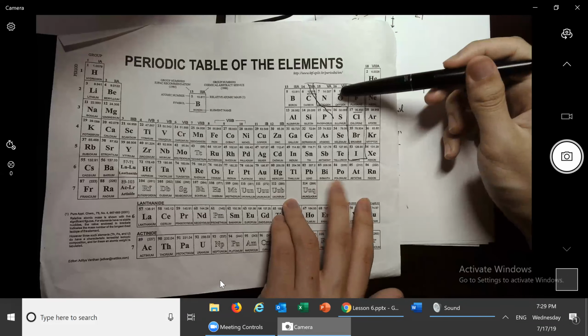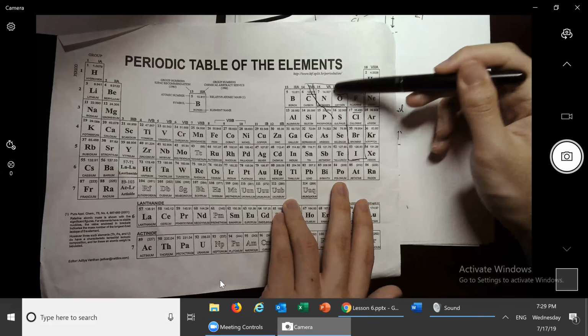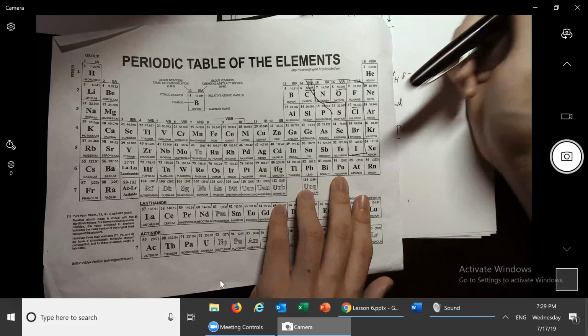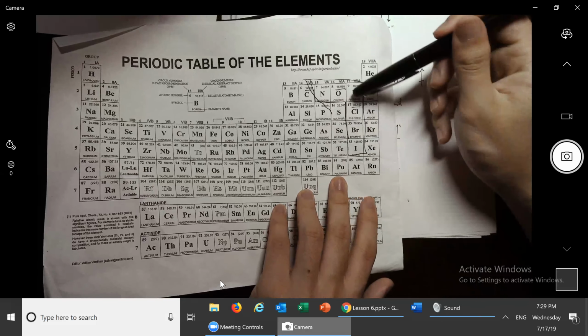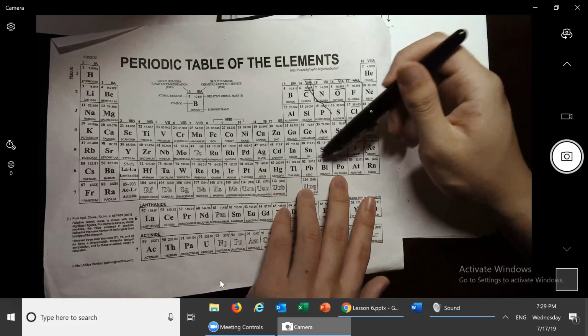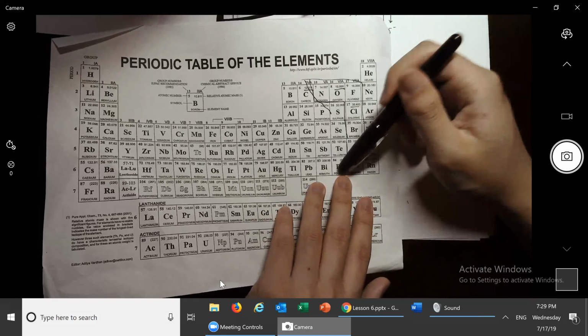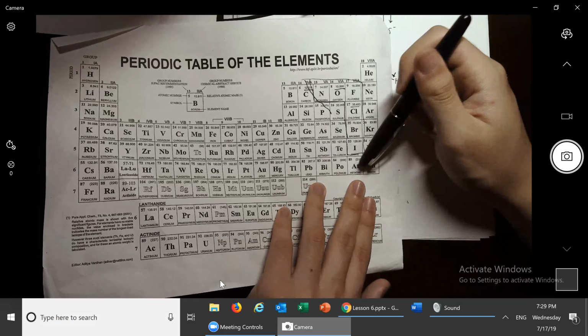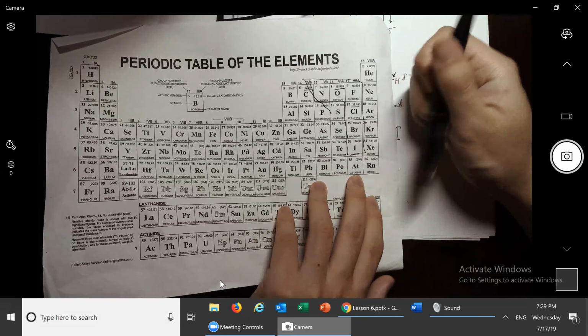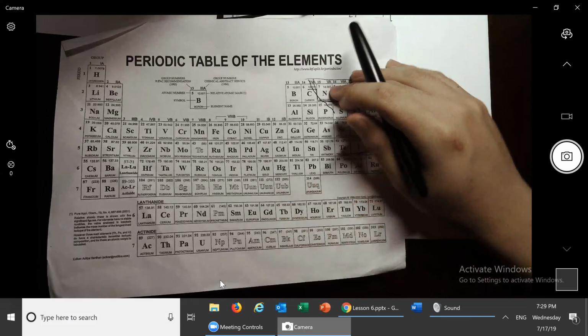So all in the same column, column 16. So oxygen, sulfur, selenium, tellurium. And we have fluorine, chlorine, bromine, iodine, and nitrogen, phosphorus, arsenic, antimony, and bismuth. So polonium and astatine are both very, very radioactive, so they are not included in the graph because they're too dangerous. Okay.